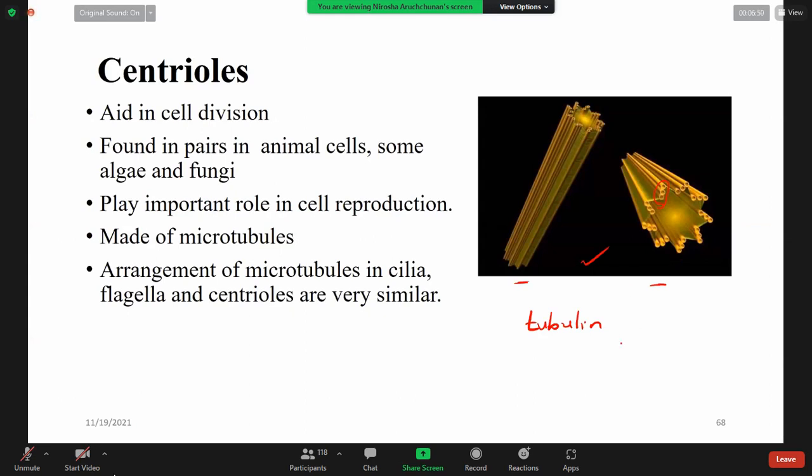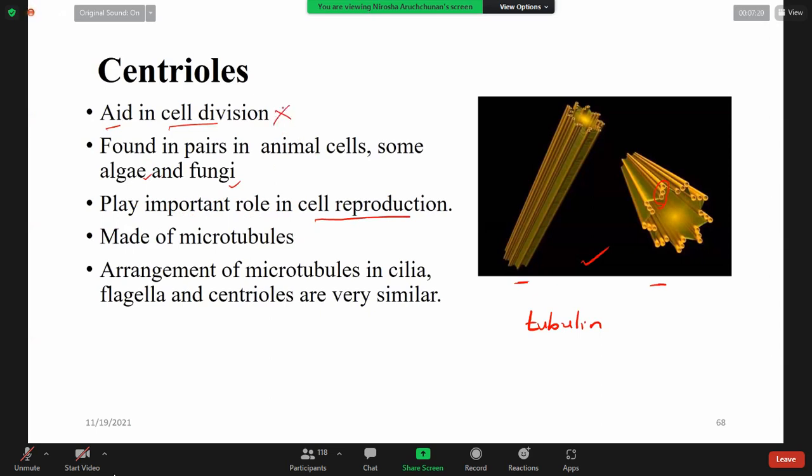So this is the structure of the centriole. The centriole aids in cell division. It is found in pairs in animals, and we can also find centrioles in some algae and fungi, and they play an important role in cell reproduction, right?